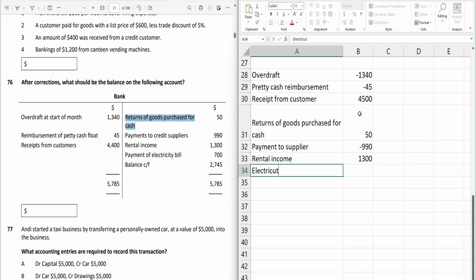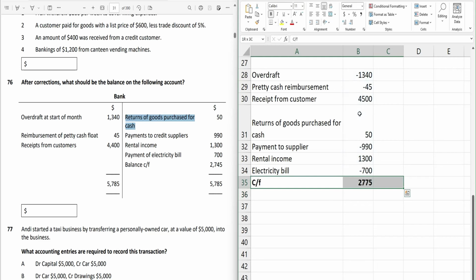The amount is 700, because we are making the payment and it will reduce our bank balance. So the balance that should be carried forward is 2775.